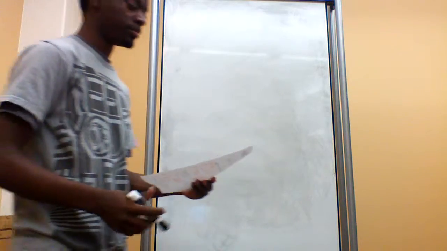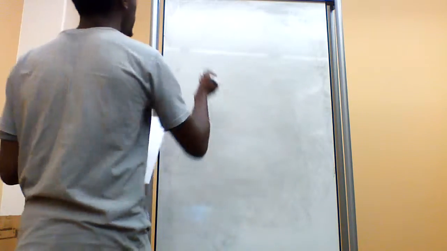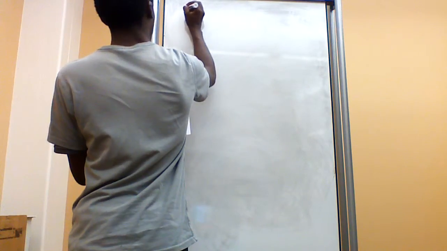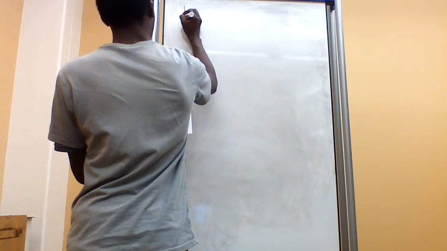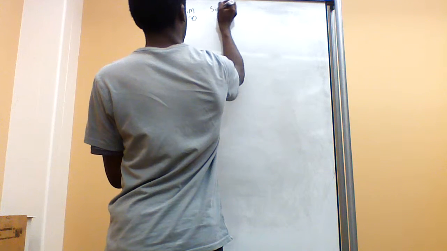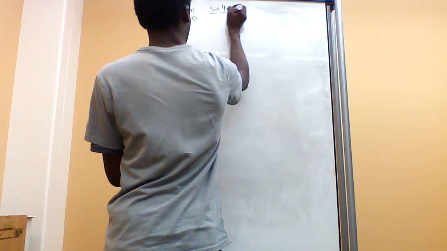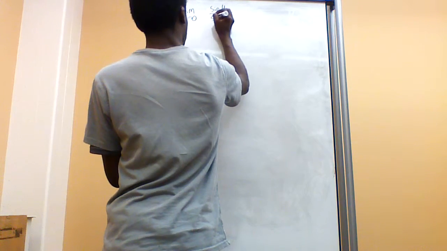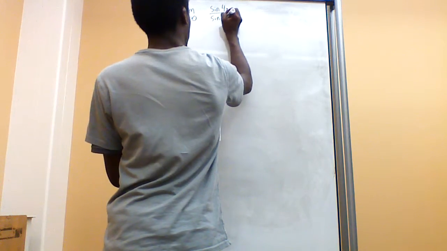For number 3, we're going to evaluate the limit again. The limit as x approaches 0 of sine 4x over sine 5x.